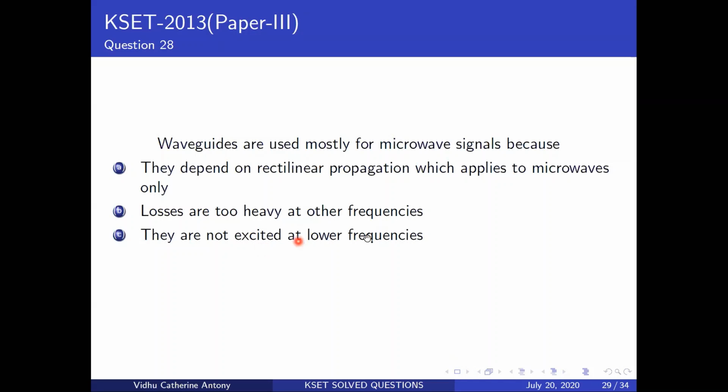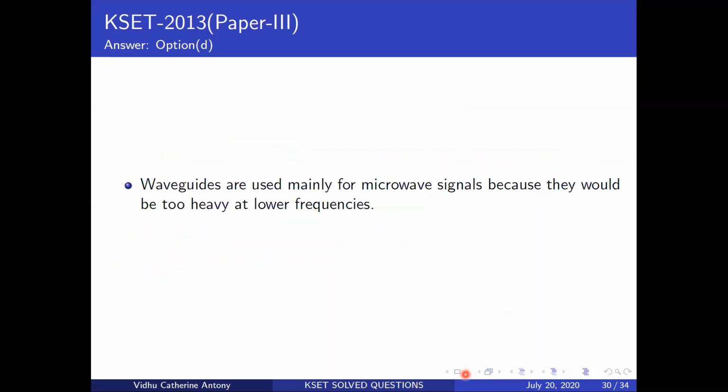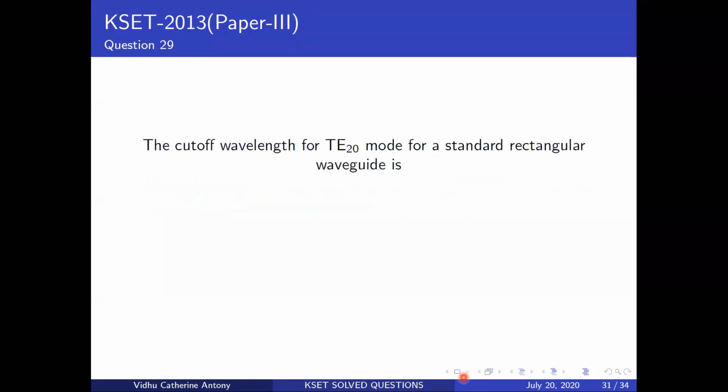They are not excited at lower frequencies. They would be too bulky at lower frequencies. So this is the answer. This is your option D. Waveguides are used because they would be too heavy at lower frequencies. That's some kind of property of microwaves. There's not much explanation on it, so we'll stop with that for that question.